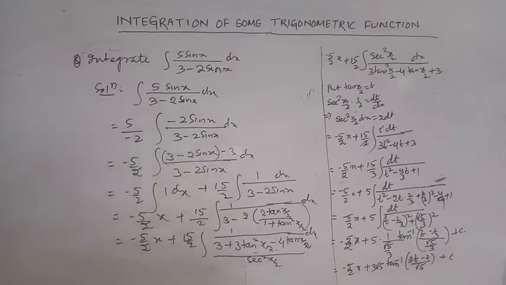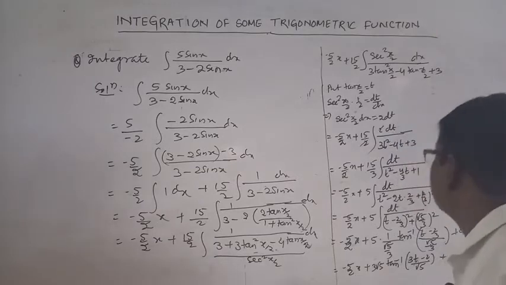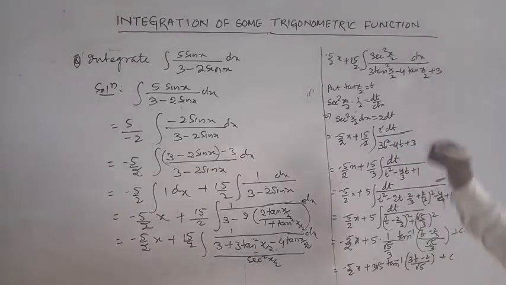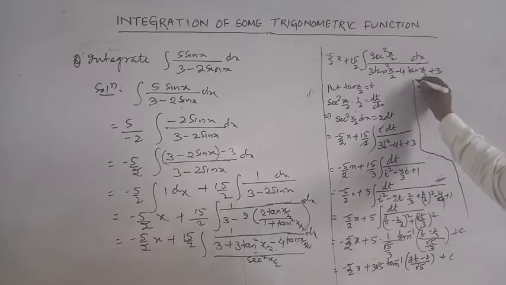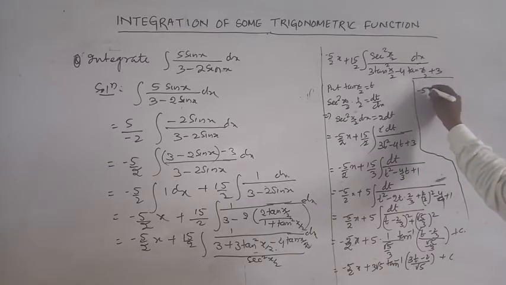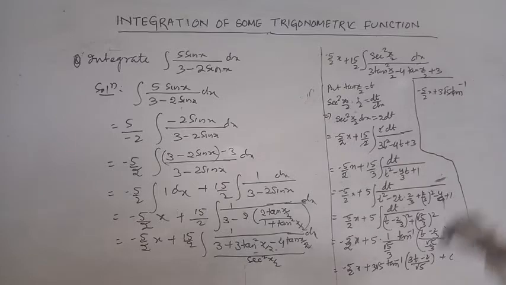Now put the value of t. This is equal to minus 5 by 2x plus 3 root 5 tan inverse, what?